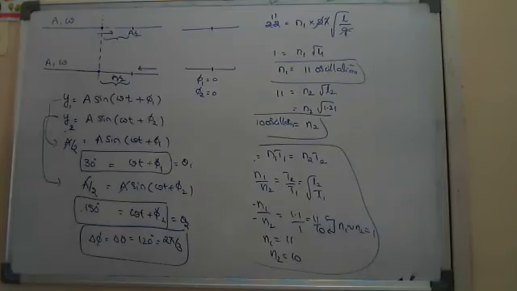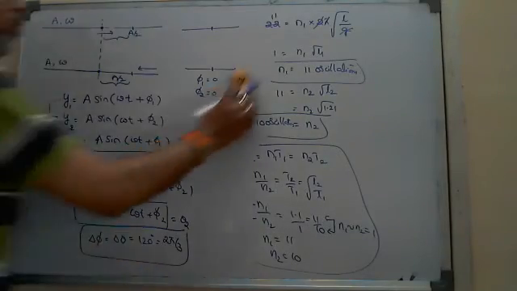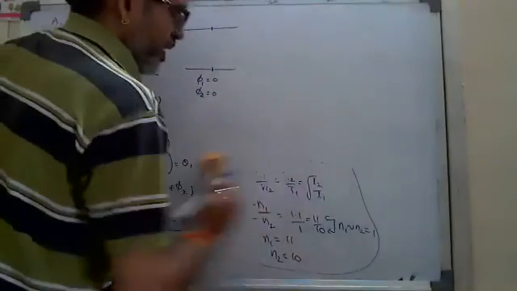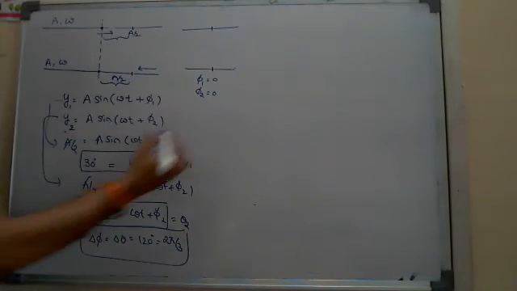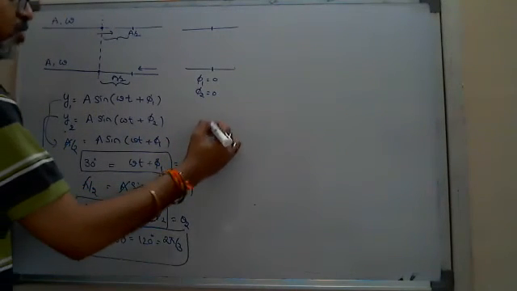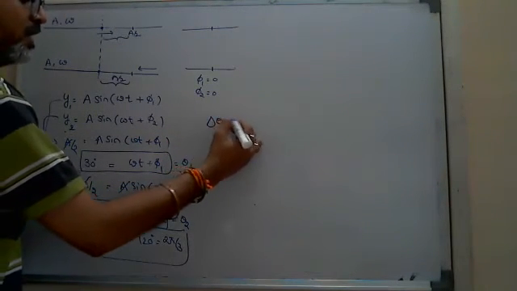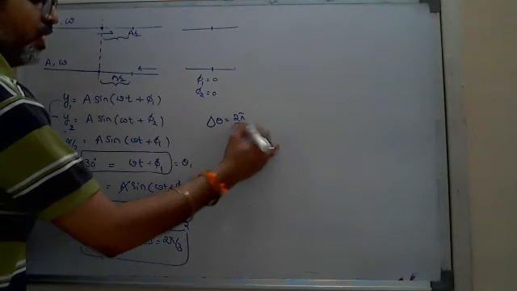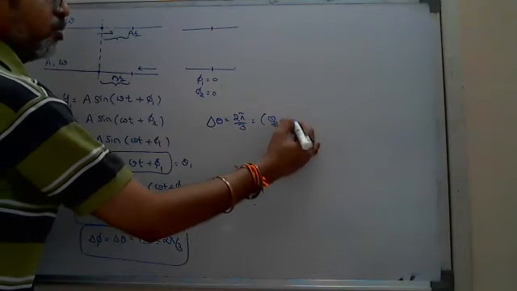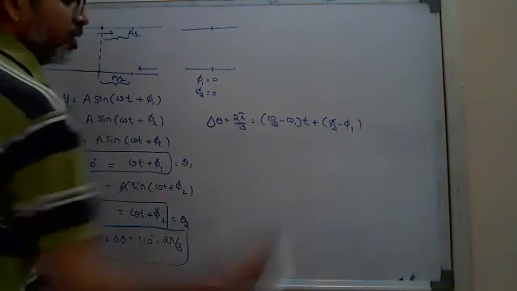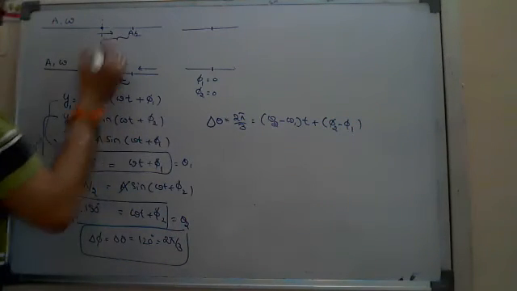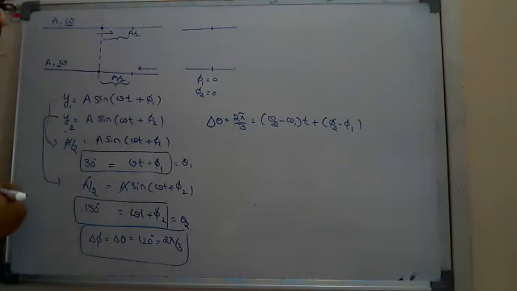My intention is, don't try to stick to the formula. In this case, suppose unluckily they ask that time, then this phase difference, delta theta, which is 2 pi by 3, we try to equate to omega 2 minus omega 1 into t plus phi 2 minus phi 1. The problem is, in this problem omegas are given equal.